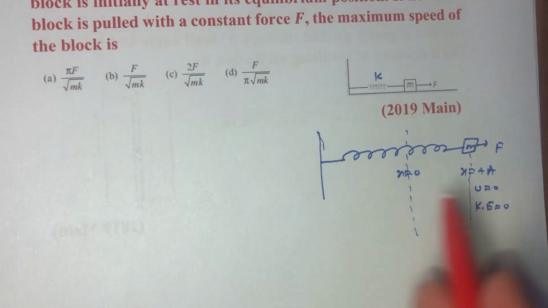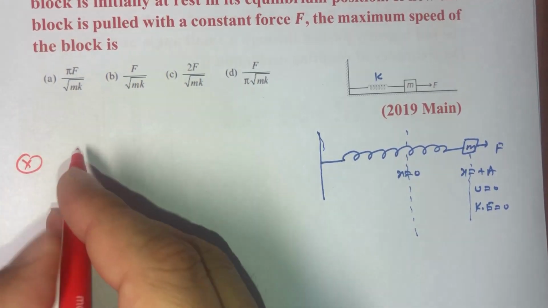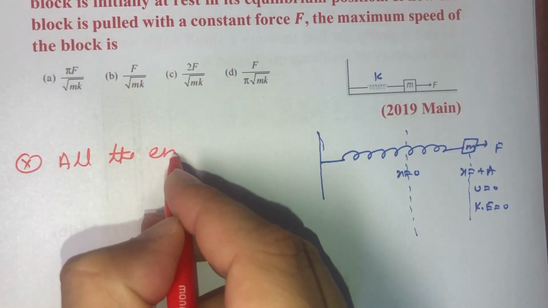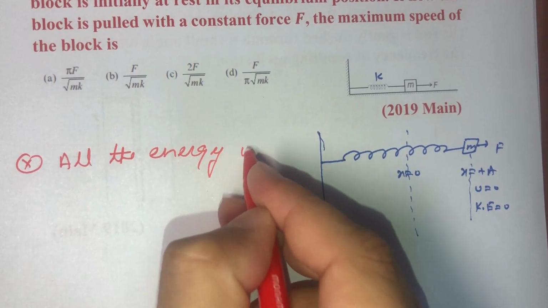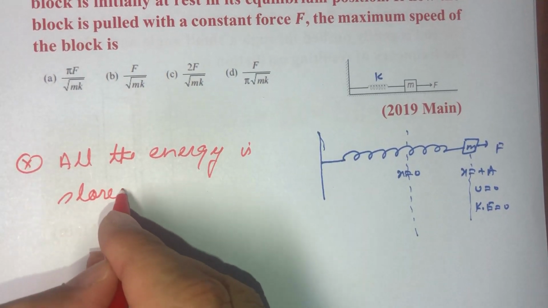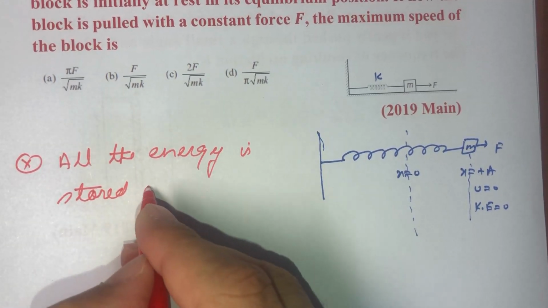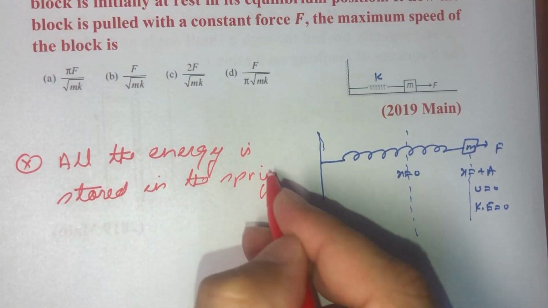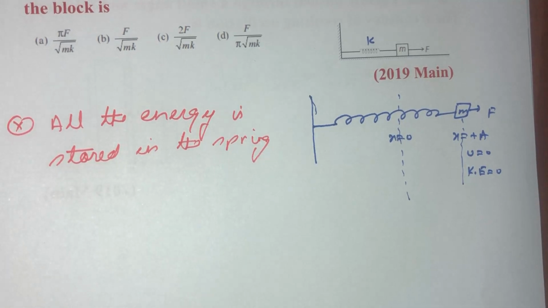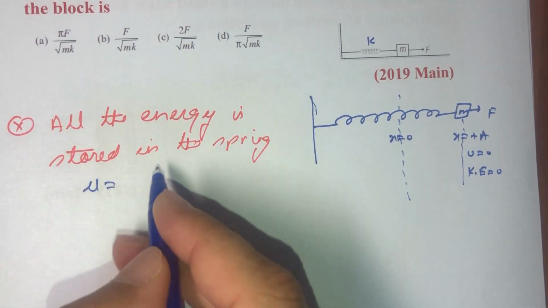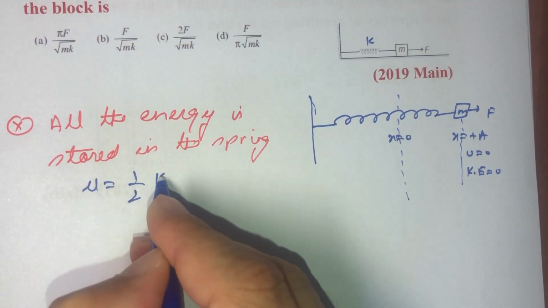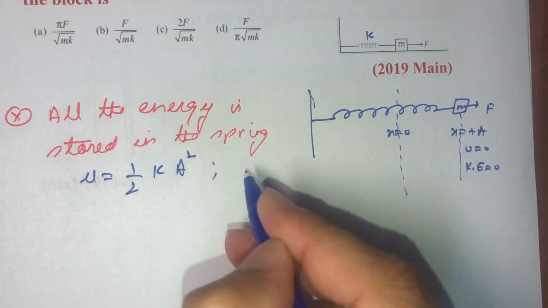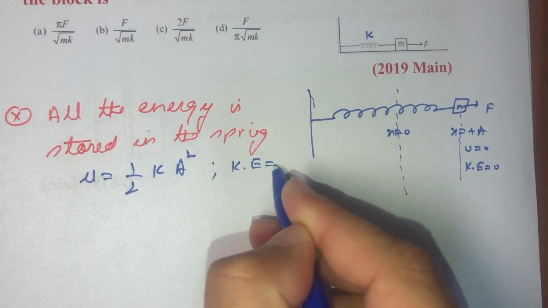So we can say all the energy is stored in the spring, which is given as U equal to half k a square, and as velocity is 0, its kinetic energy will be equal to 0.